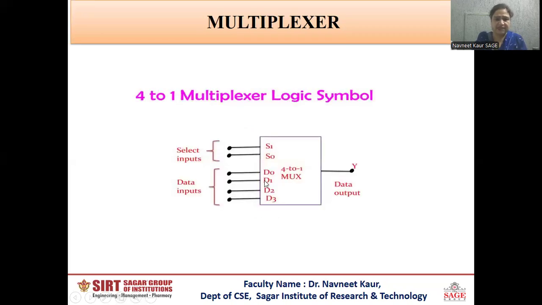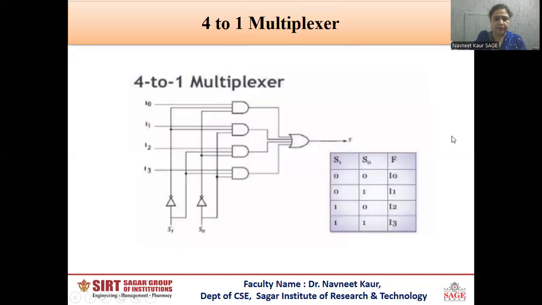Now here we can see a basic block diagram of a 4 to 1 multiplexer. Here 4 inputs D0, D1, D2, D3 are given. One data output line Y is connected and 2 selection lines S1 and S0 are there to decide which input will be connected to the output.